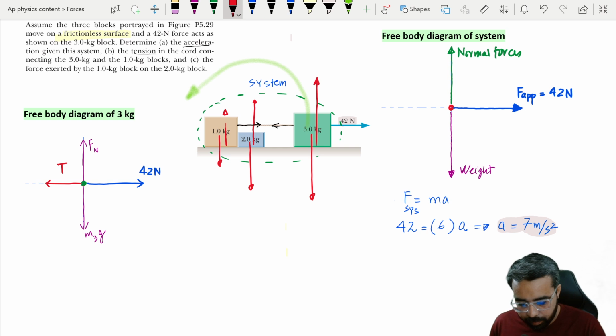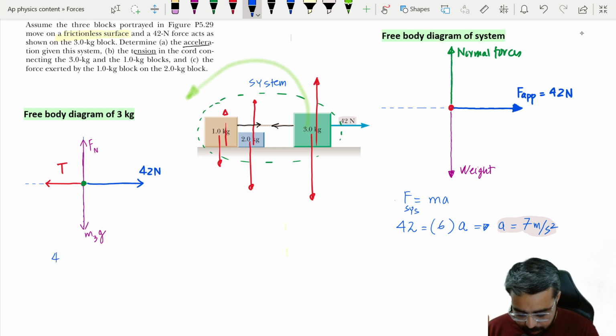Now the subtraction of these two forces gives the resultant force on this block, and that equals m3a.